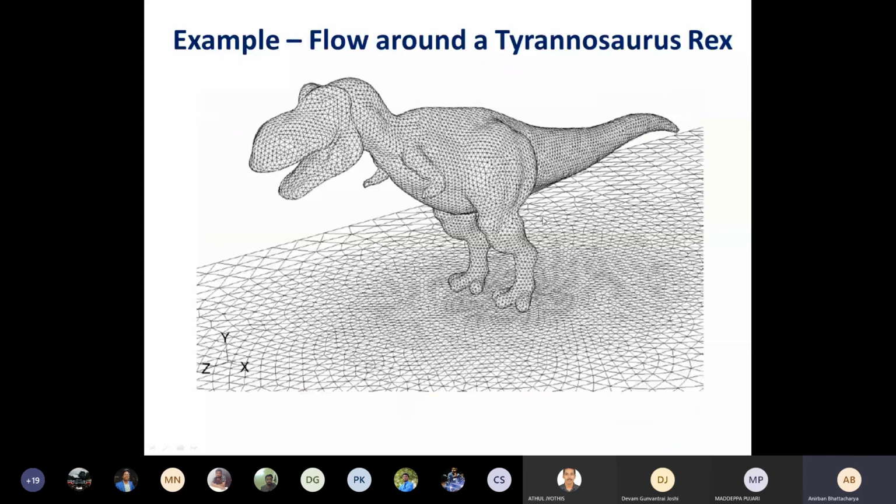So for example, let us take an example. We want to solve the flow. Say a Tyrannosaurus rex is moving and we want to find out the flow pattern over it when it is moving, and what is the drag force that it is facing, and what is the lift coefficient for it.